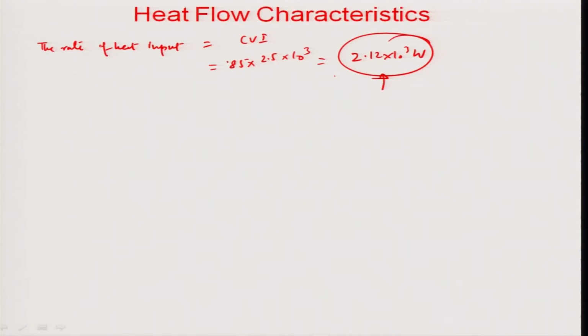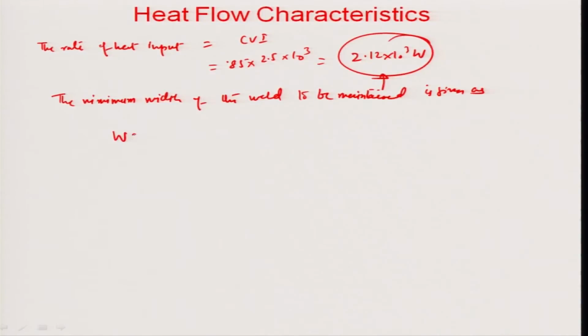So, the minimum width of the weld to be maintained is given as W equal to AB.